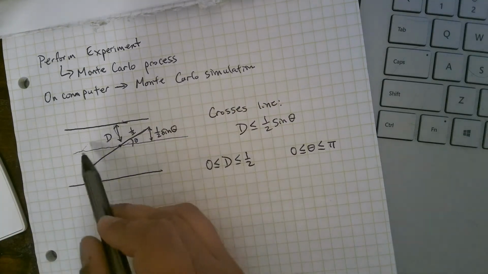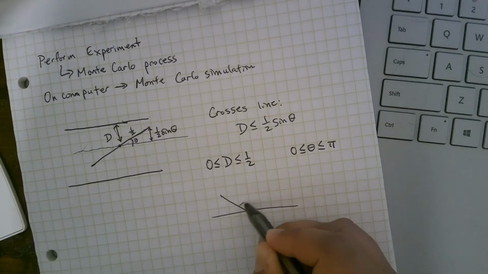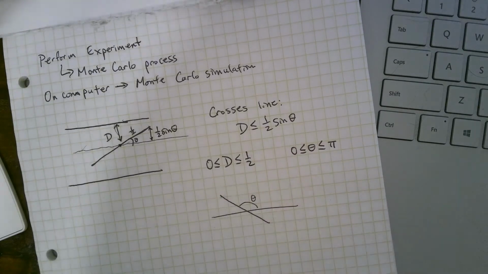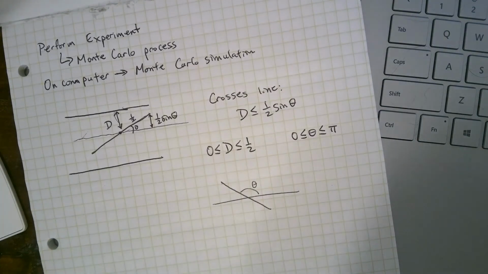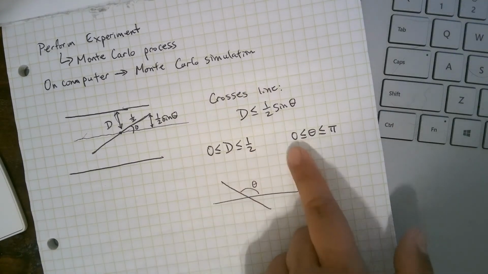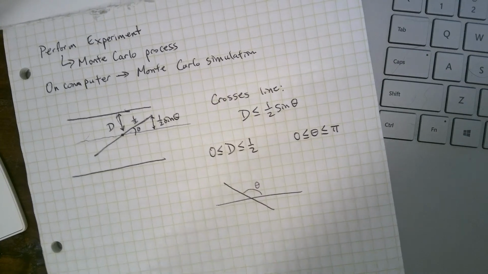If the needle's over here, then that angle's theta. There's the horizontal. And we'll assume that these are uniformly distributed, meaning every number between 0 and 1/2 is equally likely, and every number between 0 and pi is equally likely, because you're just dropping the needle randomly.